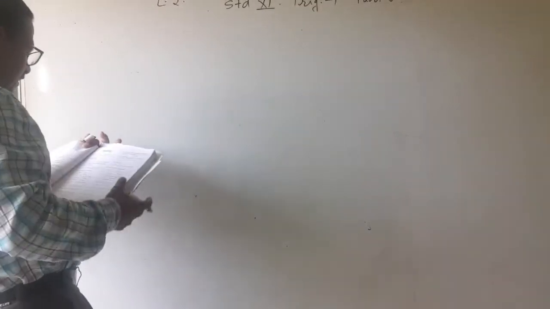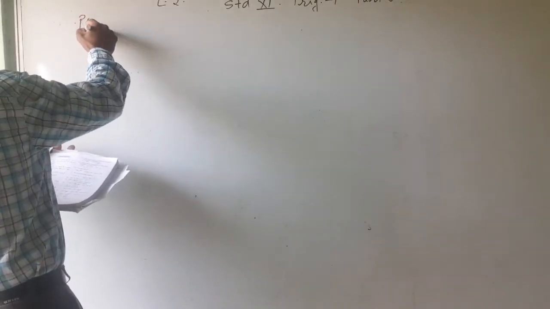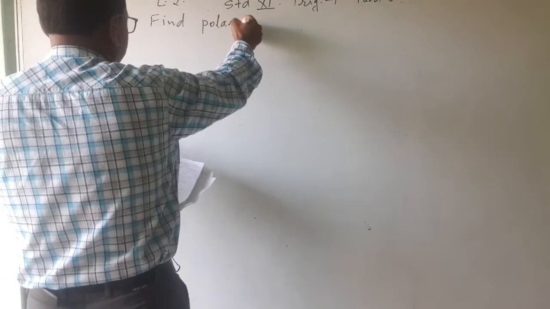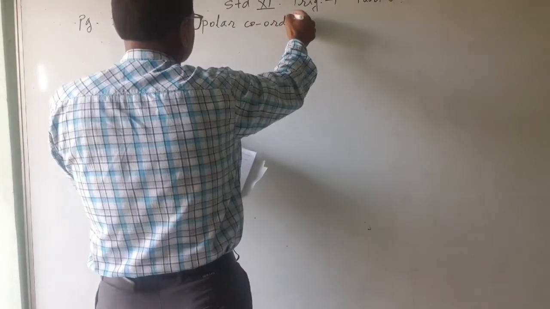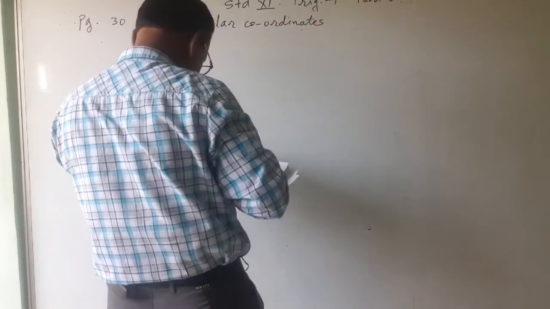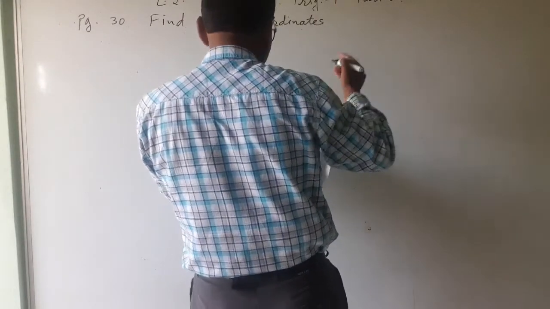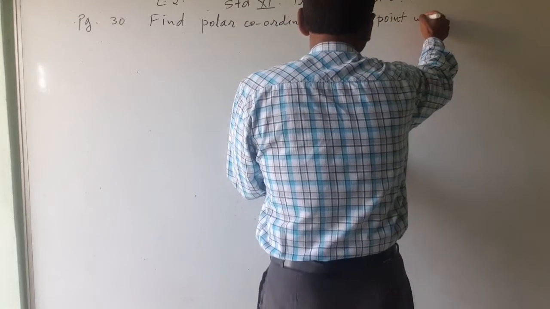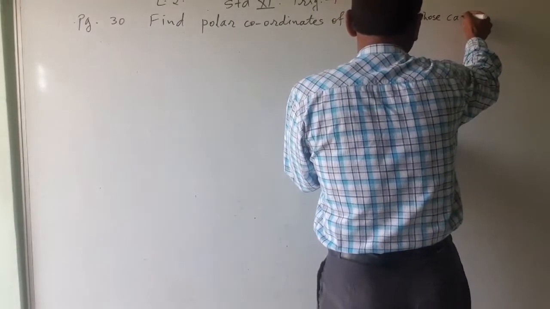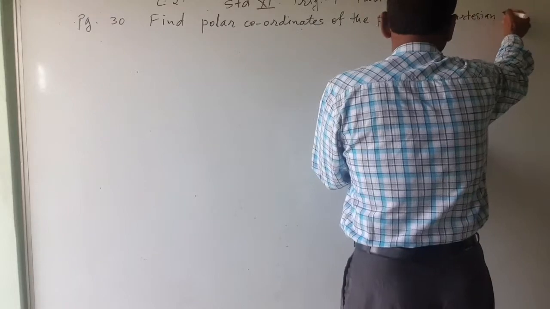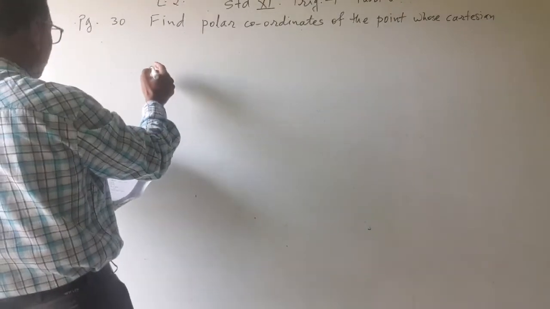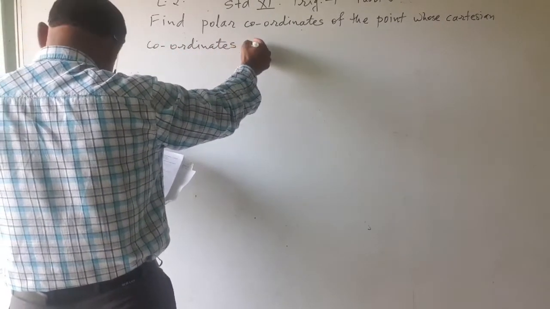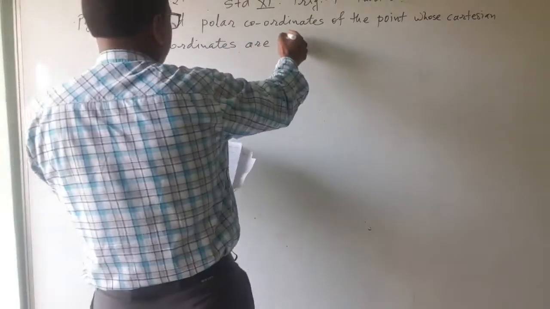Find the polar coordinates, page number 30, of the point whose Cartesian coordinates are 3, 3.